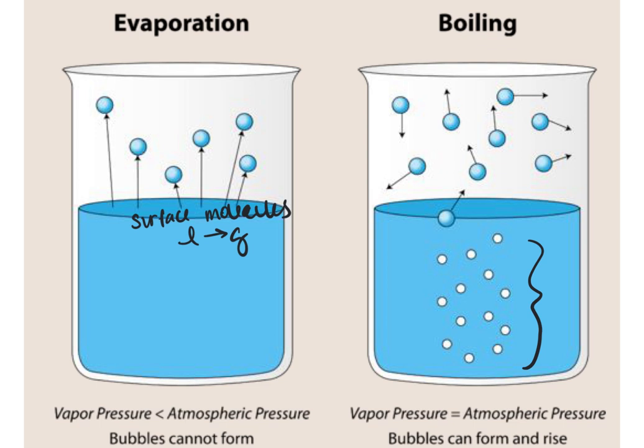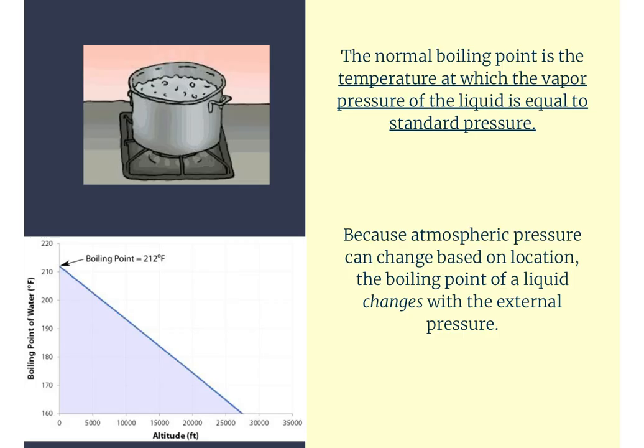In evaporation, your vapor pressure is going to be less than atmospheric pressure, so we won't see bubbles happening in evaporation because those pressures are different. In the case of boiling, the vapor pressure is the same as the atmospheric pressure. That's why we see those little bubbles forming all throughout the sample, and we'll see that occurring as we continue to expose it to that temperature and that pressure.